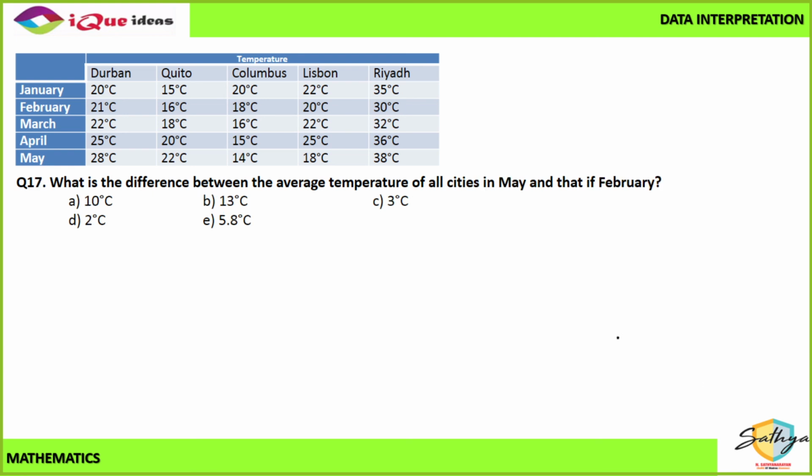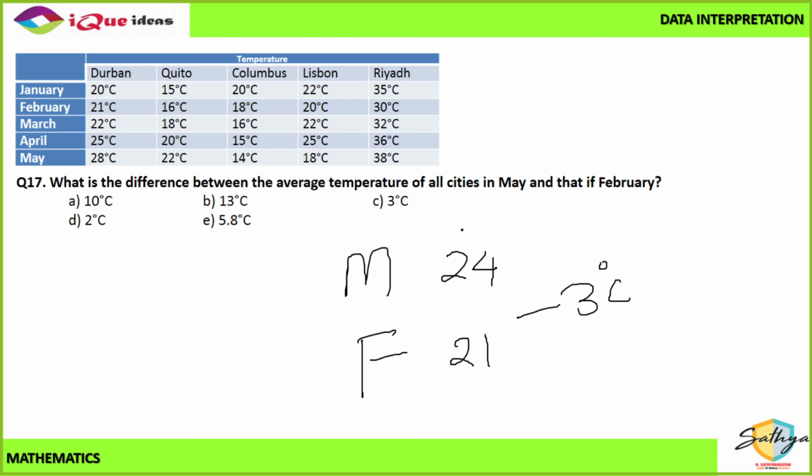What is the difference between the average temperature of all cities in May and that of February? Average in May and February. What is the difference? Easy. 3 degrees.